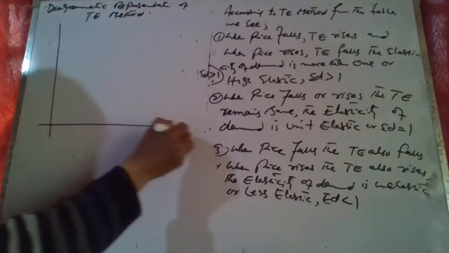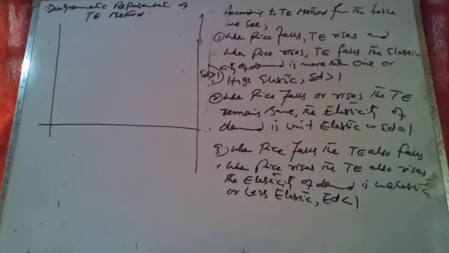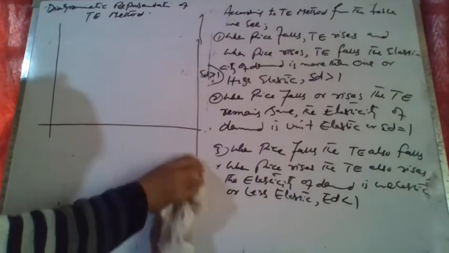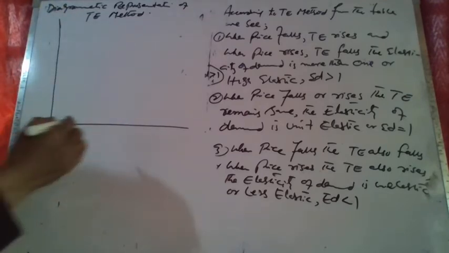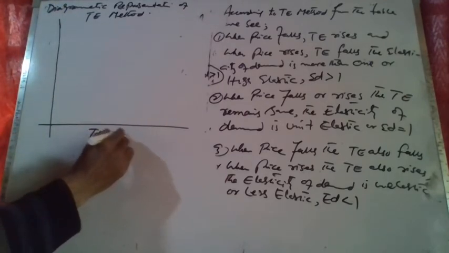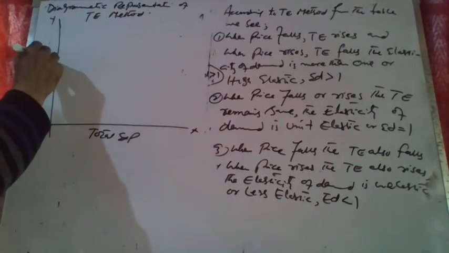If we have a diagram here, along OX, for example, I will show total expenditure, and along OY I will show price.